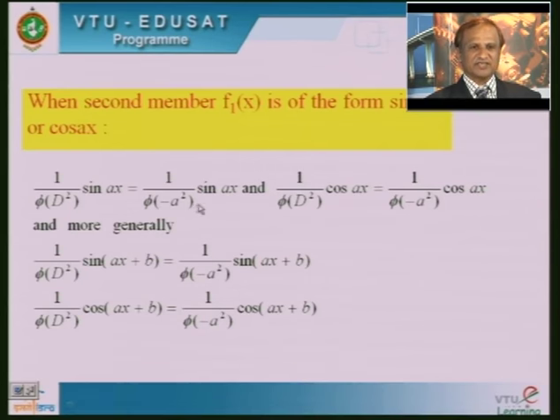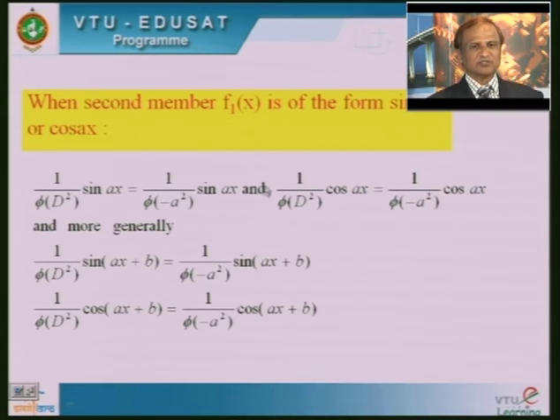Minus times of a square is not equal to minus a whole square. Both are different. If you write minus a whole square, you will get a positive number, whereas we should get a negative number in this case. That should be observed.